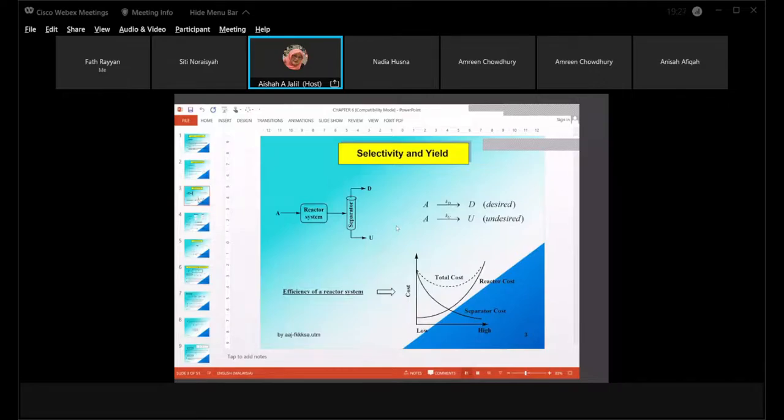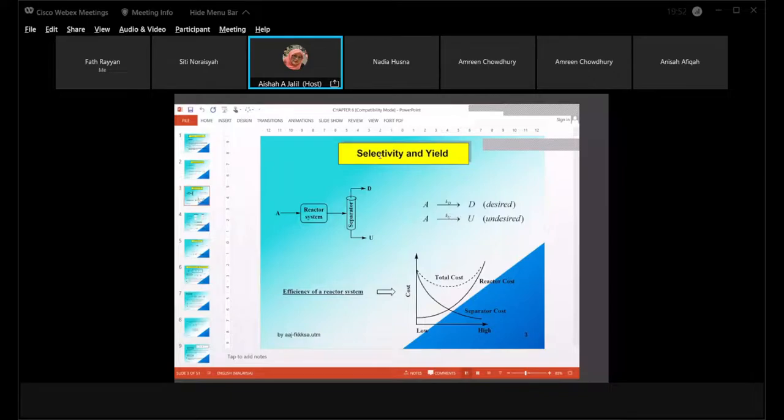Okay, now what is selectivity and what is yield. Selectivity is about the product. For example, A produces D and U. D is the desired product, U is the undesired product.